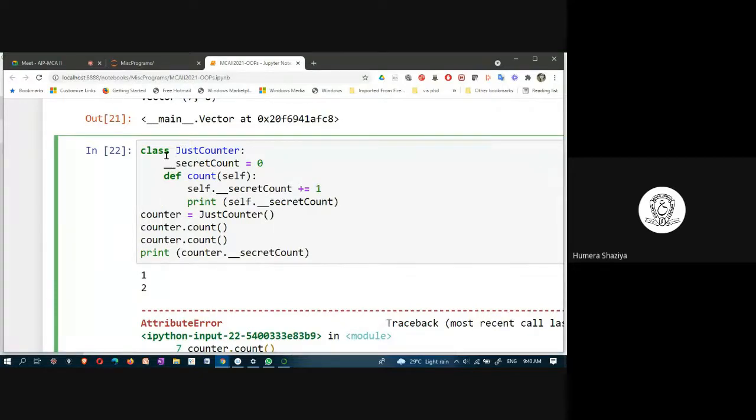From the indentation, we would realize that there are one, two, three, four statements that occur within a class. Whatever is defined on the same level, on the same indentation as the class, they are outside the class. Any doubts, students, in this?